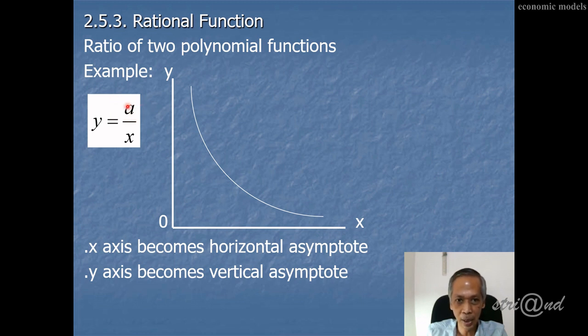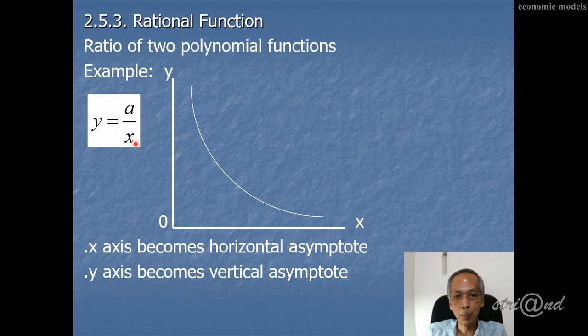It is a constant of a, and it is also a polynomial function. The exponent here is 1, so it is a first degree polynomial function. So this rational function is a ratio of a over x. The a is a polynomial, the x is also a polynomial.